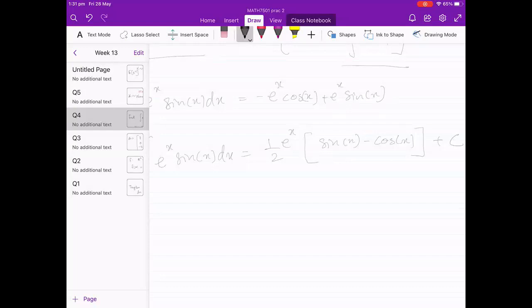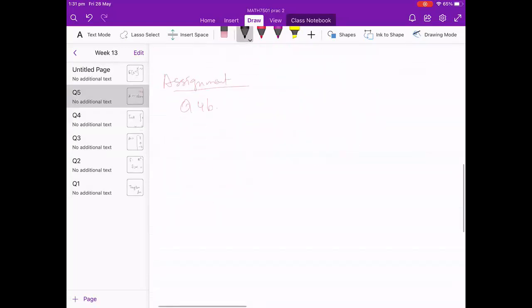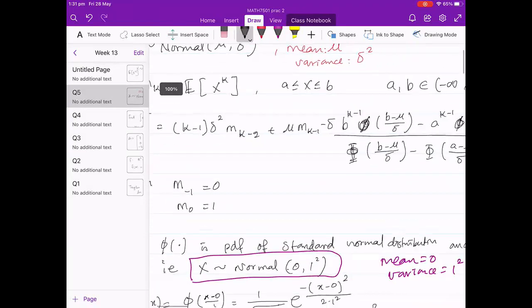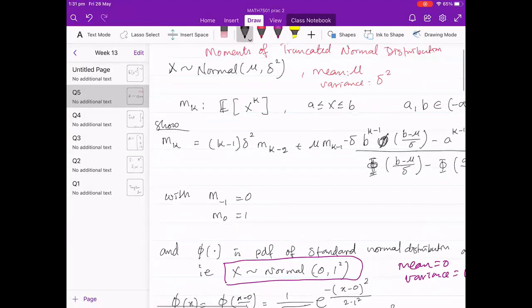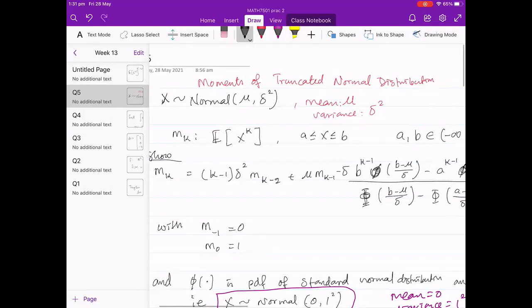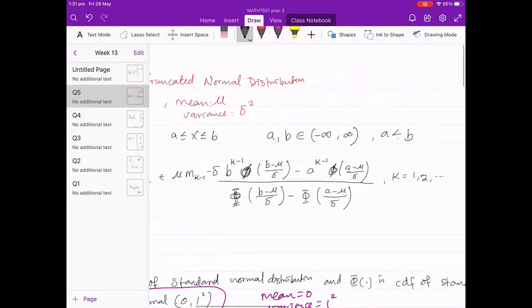Okay, the last question is about moments of the truncated normal. You are supposed to show that if X is normal with mean mu and variance sigma squared, where X is between A and B, that's why it's truncated normal.